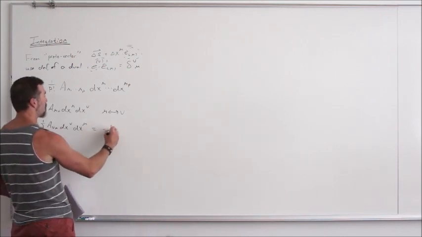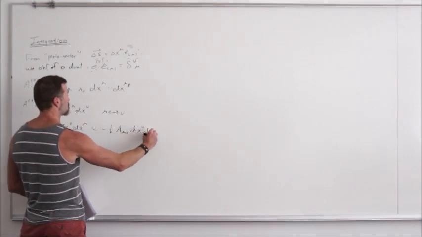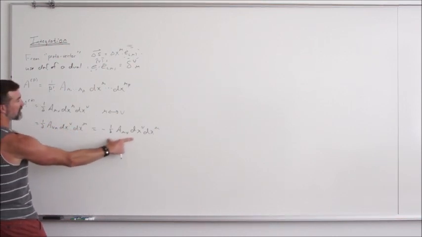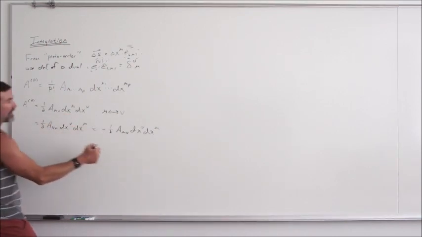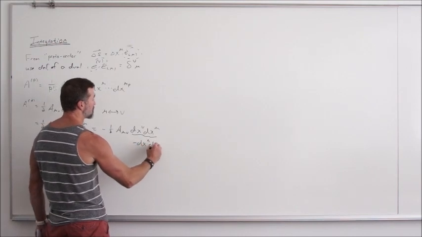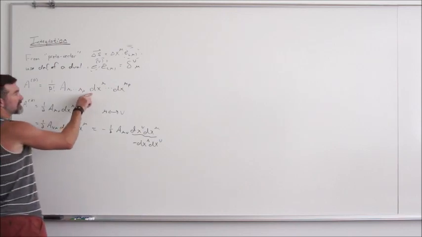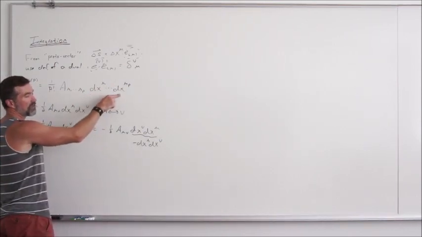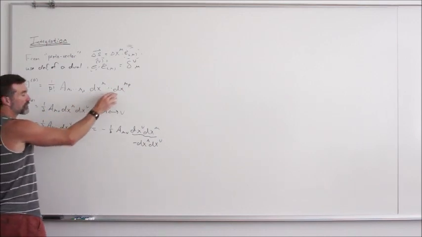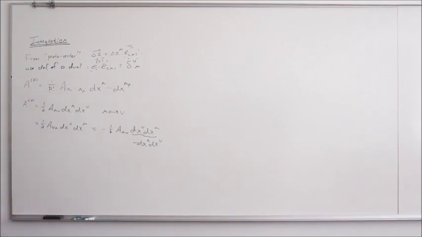So this is equal to minus 1/2 a mu nu dx nu dx mu. But what that means is for this expression to be equal to this, if I swap the order of these, then I need to pick up another minus sign. So this sort of naively simple looking product of coordinate differentials, it is a product of coordinate differentials, but it's anti-symmetric if you swap any two of them.